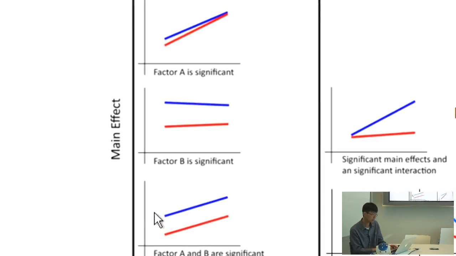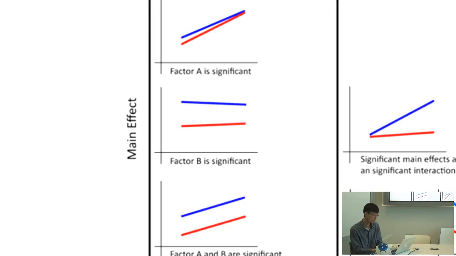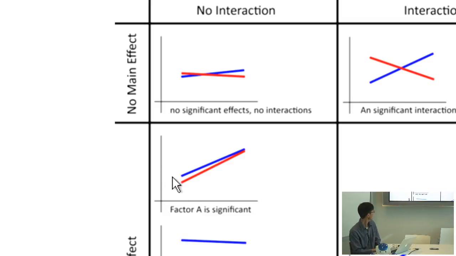Compared to that, there are cases where you see significant effects on the main effects, which means on each of the independent variables, but not the interaction between them. So, for example, in the graph here, the red line and the blue line are not much separated, so let's say this is gender, and you might not see that much difference between the genders.